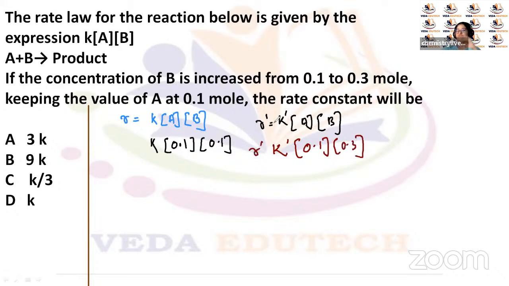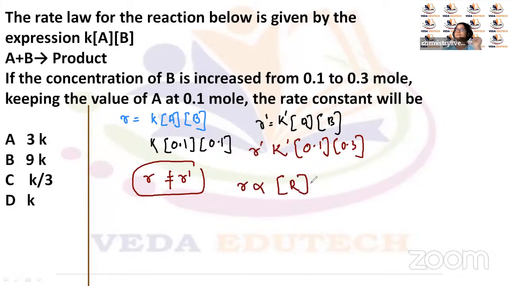Now we can see that obviously the rates are changing. R is not equal to R dash. Why? Because the rate is proportional to the concentration of reactants. The rates of reaction are proportional to the concentration of reactants, right? That's why the rate changes. What is the first point we are going to remember here? That the rate changes with concentration.